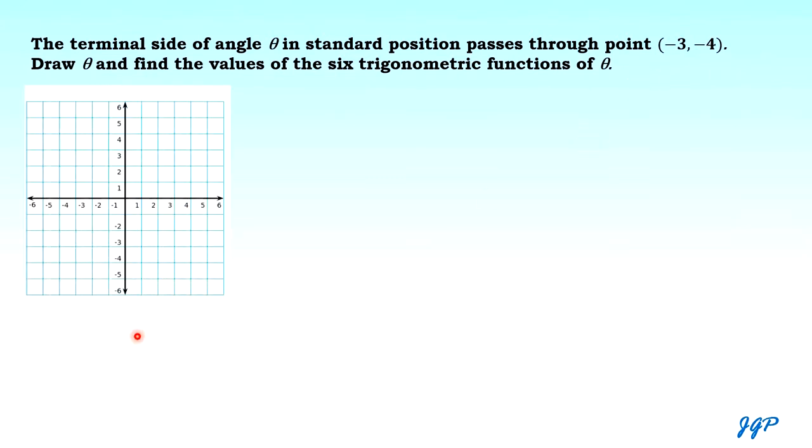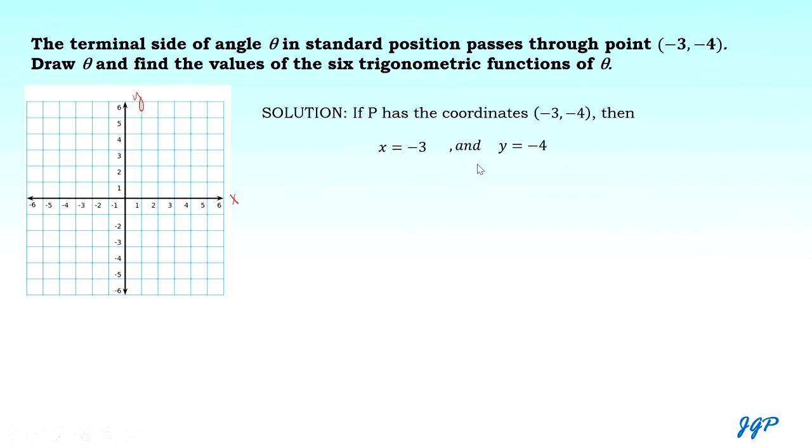So let's have our Cartesian plane. This one is the x-axis, while this one is our y-axis. Since our point has the coordinates of -3 and -4, then x is equal to -3 and y is equal to -4.